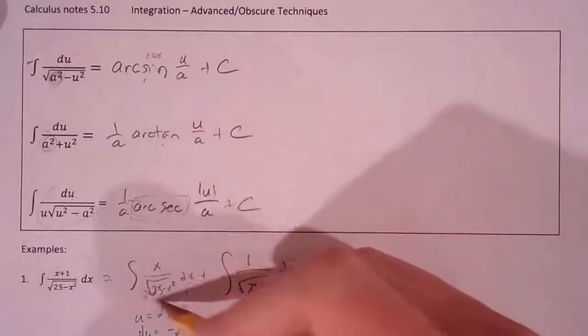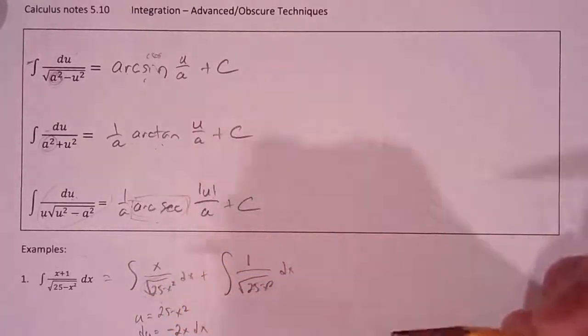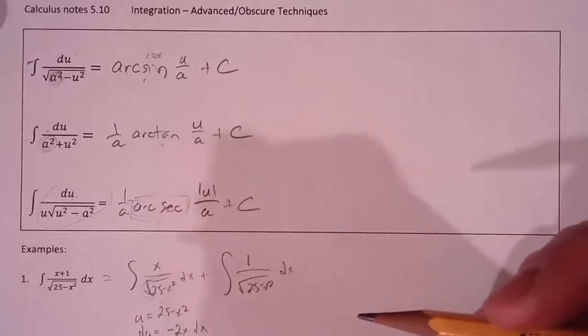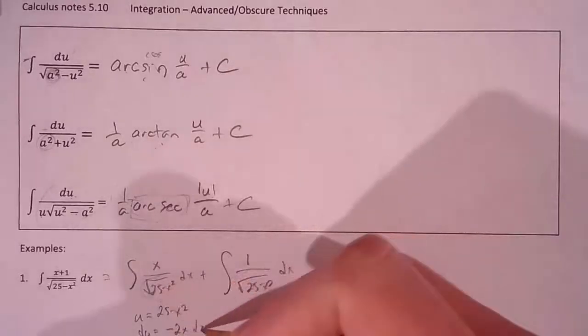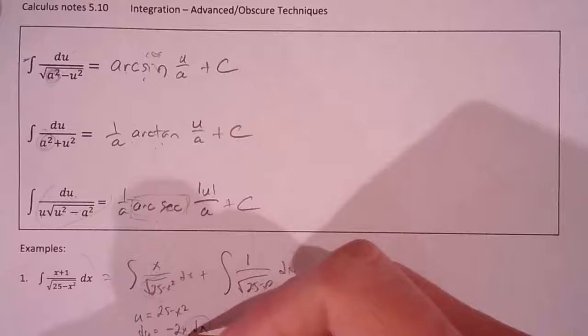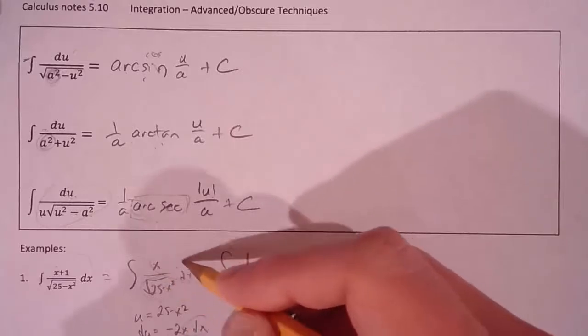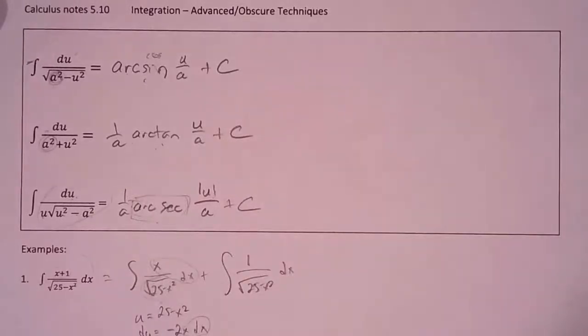The denominator we could write as u to the negative half. And then by putting du in there, we're knocking out the x and the dx. We just have this little negative 2 that isn't supposed to be there. But we can take care of that. It's a constant. We can balance that with a negative 1/2 out front.